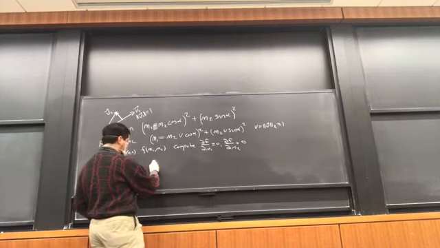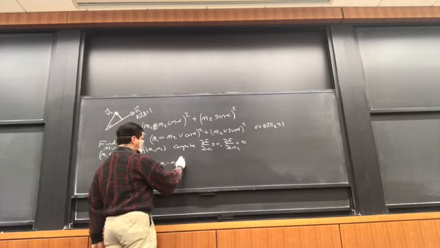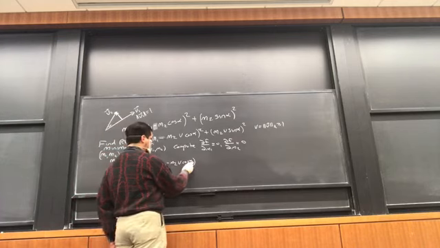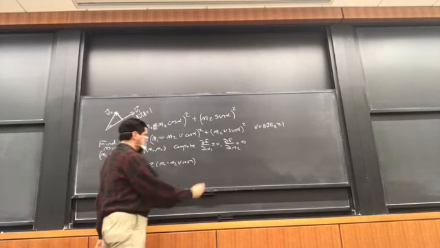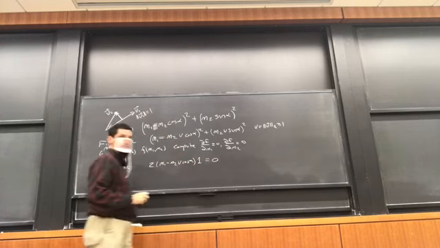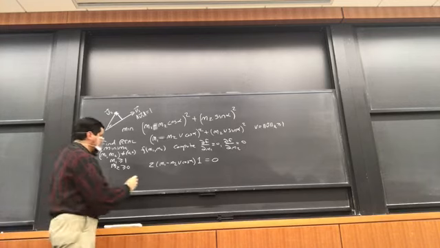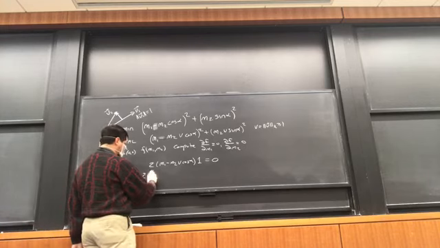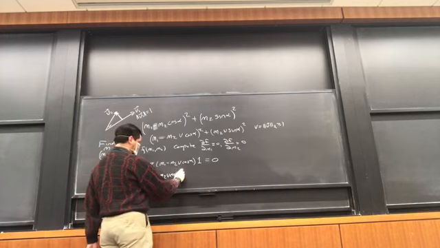So we would get 2 m1 minus m2 v cosine alpha, and then the derivative of this with respect to m1 is just 1. And that should equal 0. Right? And then the next one is going to be 2 m1 minus m2 v cosine alpha.